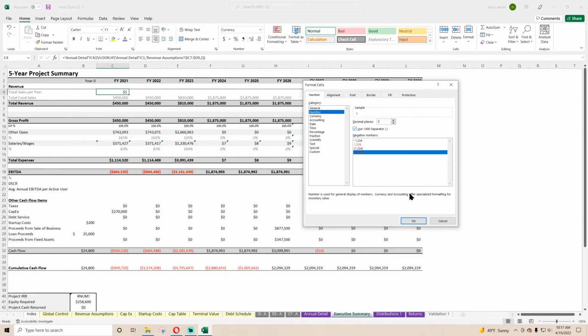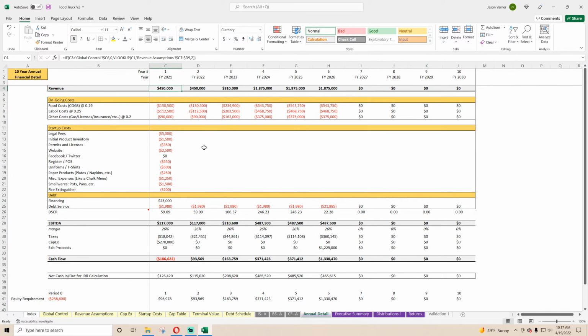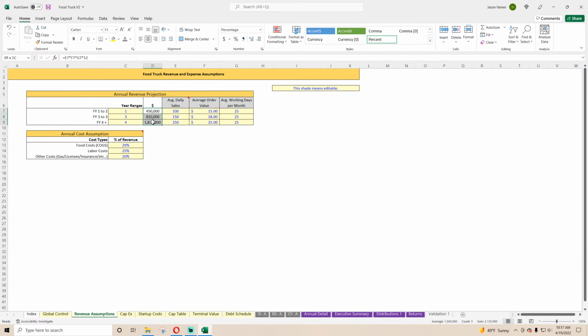Oh, that's not right. So annual detail C4 should be revenue, right? Divided by, oh, average order value I want. I don't want this.